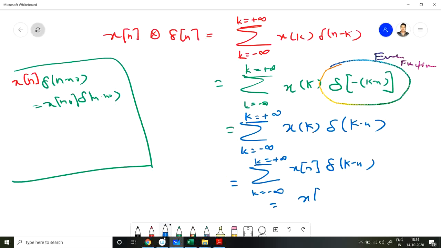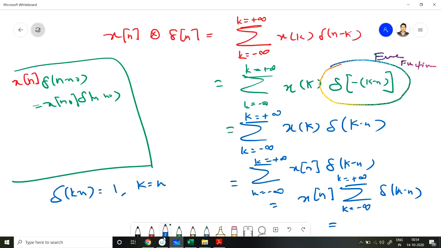Now we can put x[n] outside, so x[n] summation k equals minus infinity to plus infinity delta[k minus n]. Basically this summation is equal to 1, because we can define delta[k minus n] as 1 when k is equal to n, and it is 0 for k not equal to n. So this summation is 1 only.